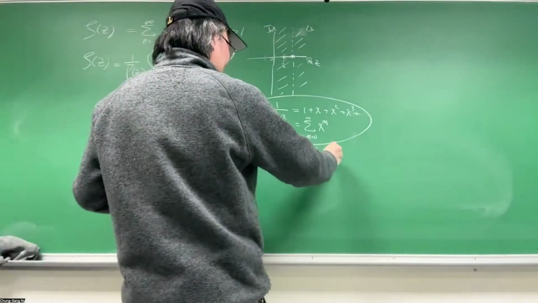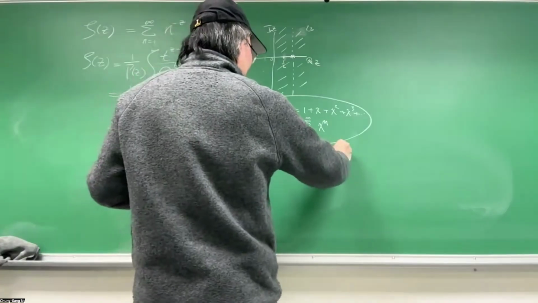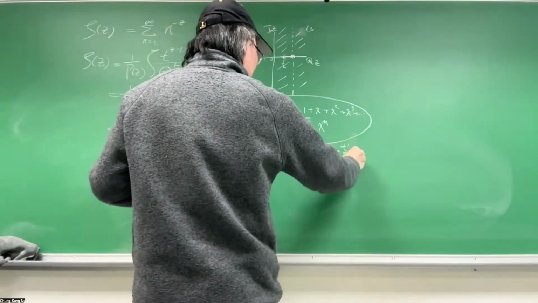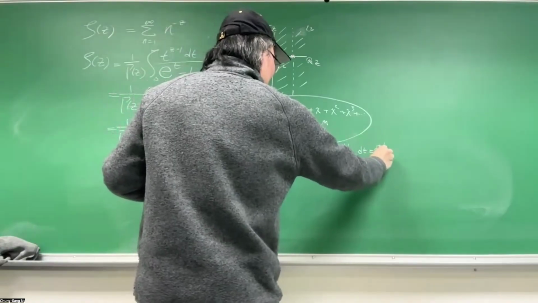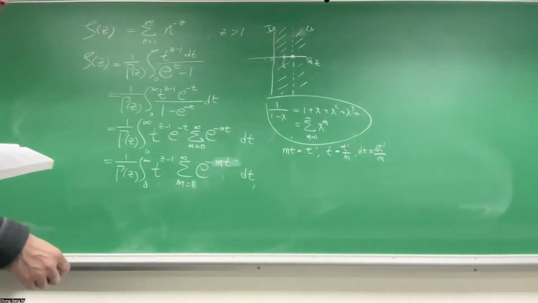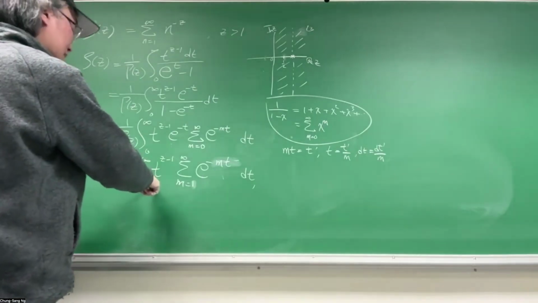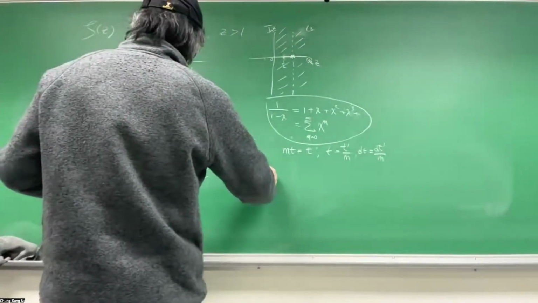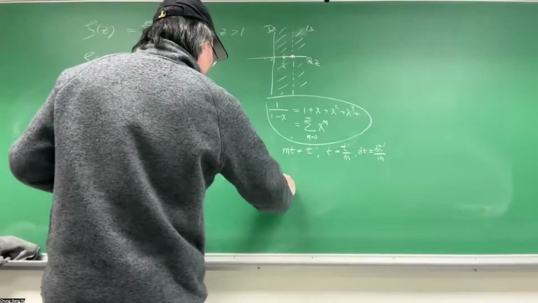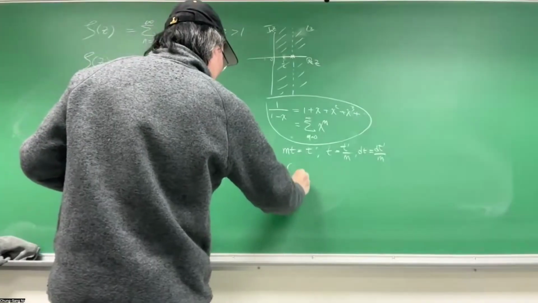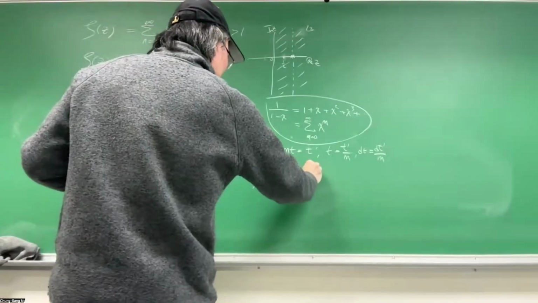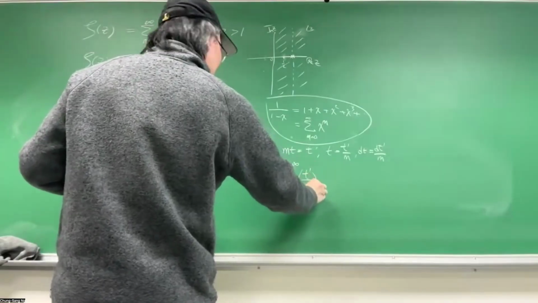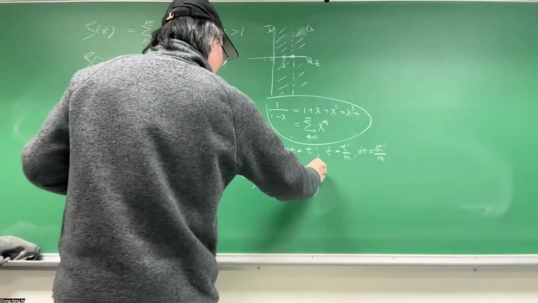I need more steps. So t is t pi over m, and dt is dt pi over m. Then using this, t is t pi over m, and z minus 1.